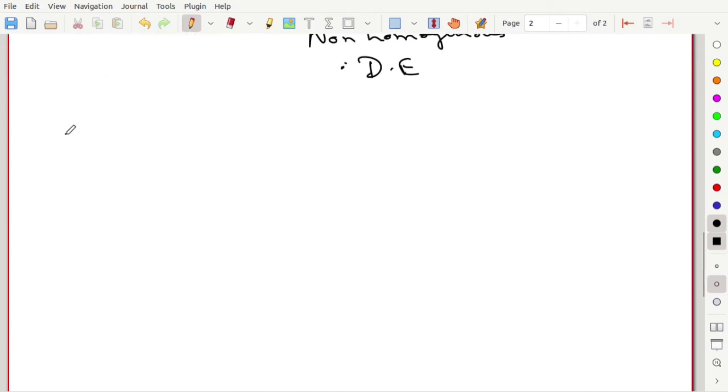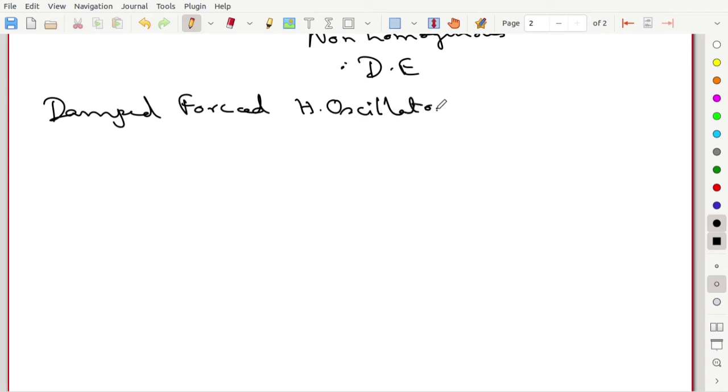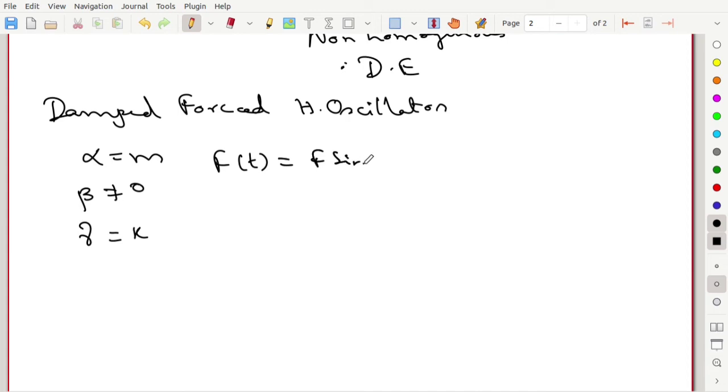So let me extend to a damped forced harmonic oscillator. This is the equation for the damped forced harmonic oscillator. For that we have the parameter choice alpha equals m, beta not equal to 0, gamma equals k, and f of t equal to F sin omega_e t or F cos omega_e t.